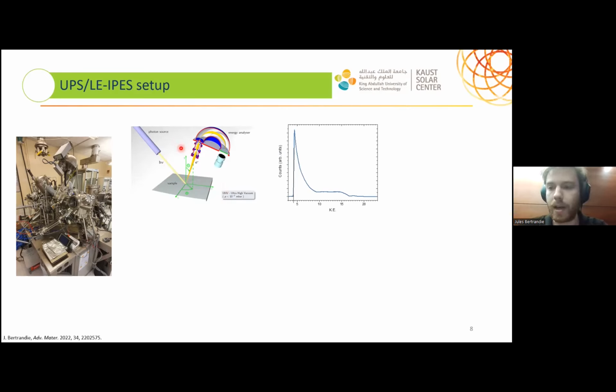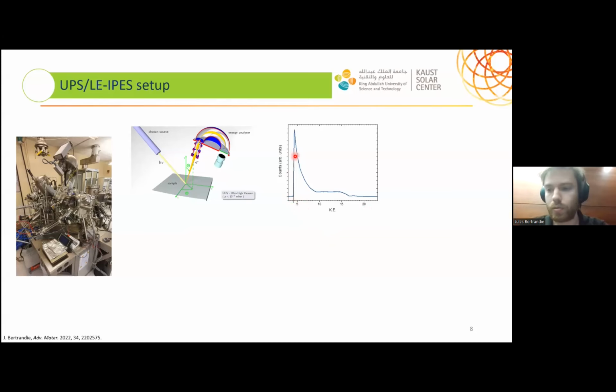We gather the electrons and measure their energy. Here you can see the spectra that we measure from this setup. From this, we can determine two values: the work function and the valence band of our material.